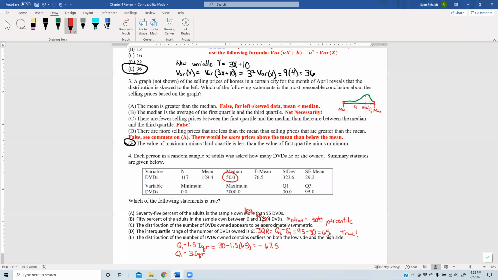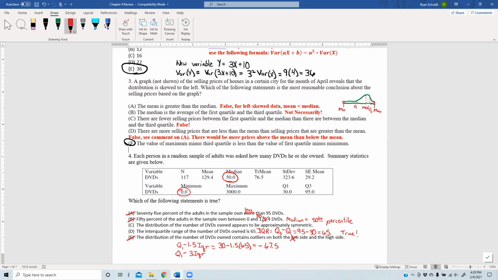Now, what's our minimum? Our minimum is 0. So do we have an outlier on the low side? No, we don't get anywhere close. So that one's out. So far we've eliminated A, B, and E.